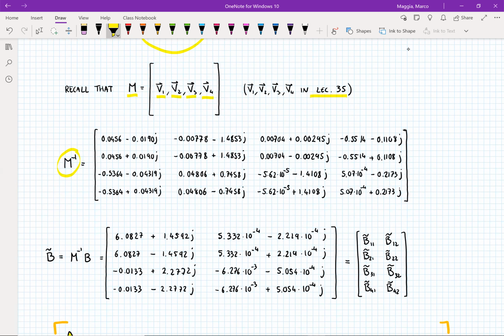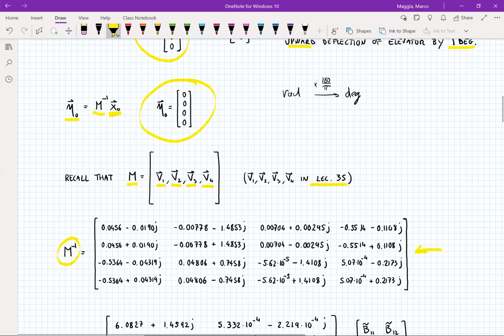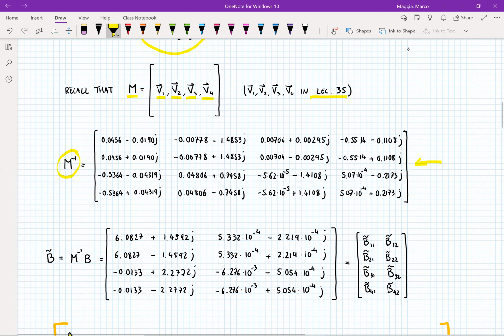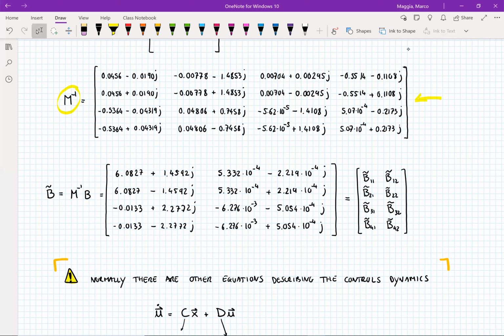And so, of course, I'm not going to read it term by term, but this is just the inverse of such matrix. Then if you follow here the development of this new system, you see that we have to compute M inverse times B. That's why I provided M inverse in the first place. So M inverse times B, and in the handouts, it is written as a B tilde.